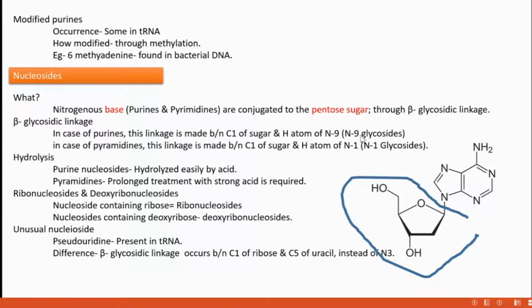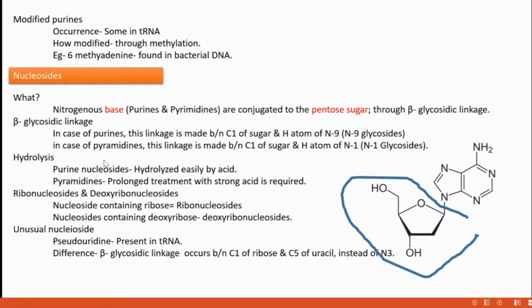So they are called N9 glycosides. Those nucleosides are called N9 glycosides.